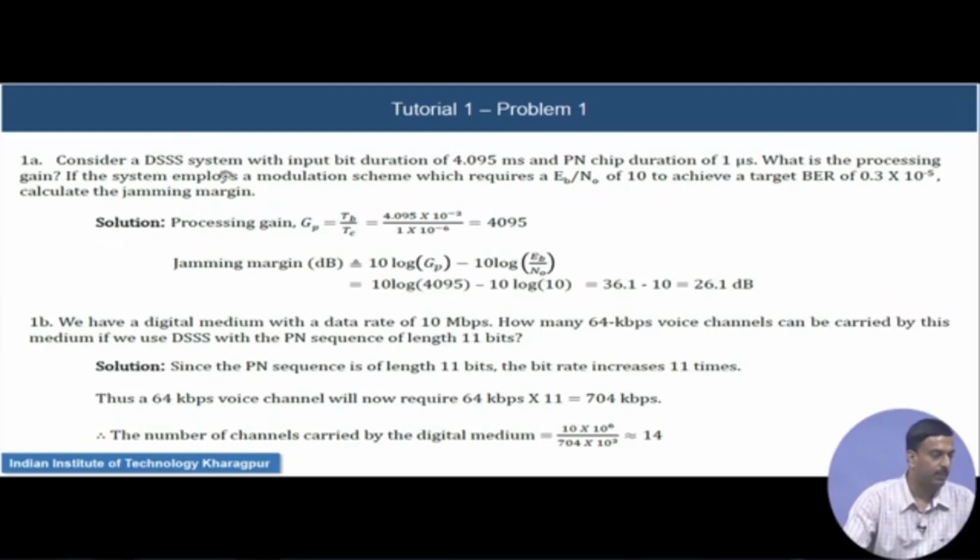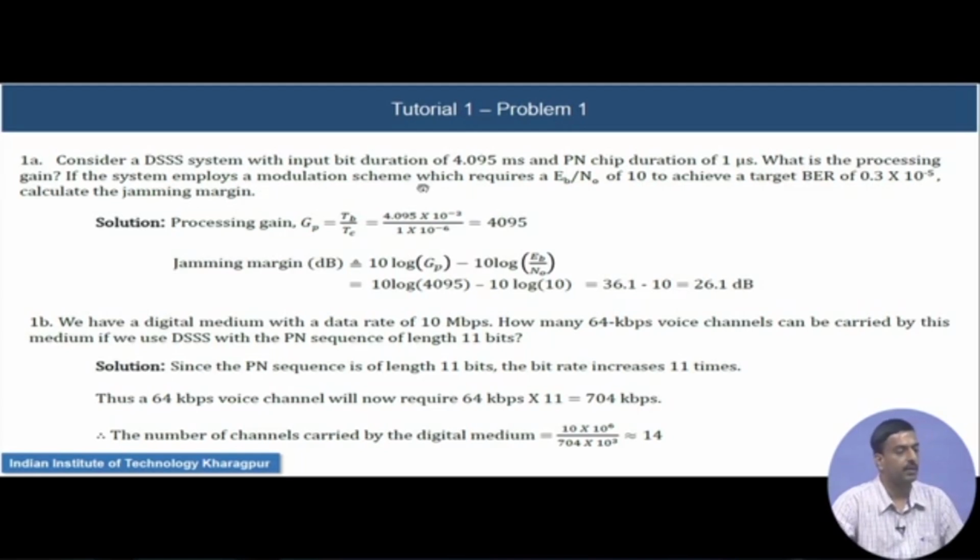In problem number 1, we see that we have a DSSS system which has an input bit duration of 4.095 milliseconds and a PN chip duration of 1 microsecond. The question is, what is the processing gain?